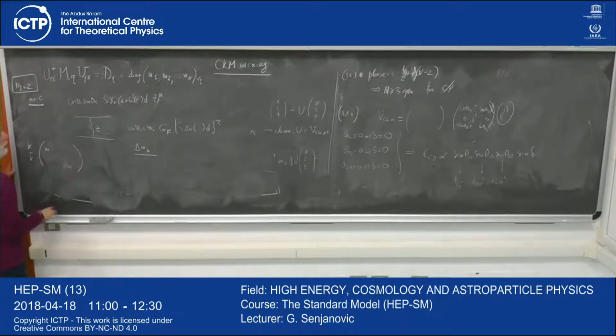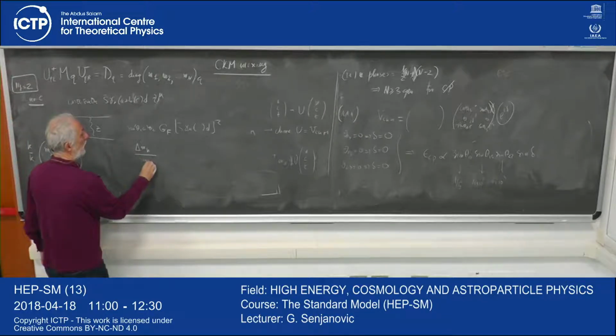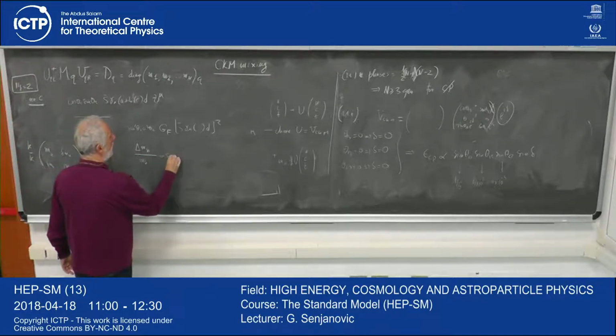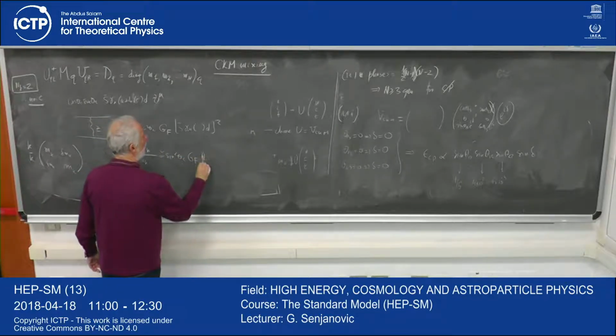The mass matrix is a static Lagrangian, therefore it's a static energy, a static Hamiltonian if you wish. Therefore it produces delta mK. Delta mK changes strangeness by 2 units because it connects states of K and K bar. And we got delta mK over mK, I hope you remember, was sine squared theta Cabibbo, G Fermi, F_K squared.